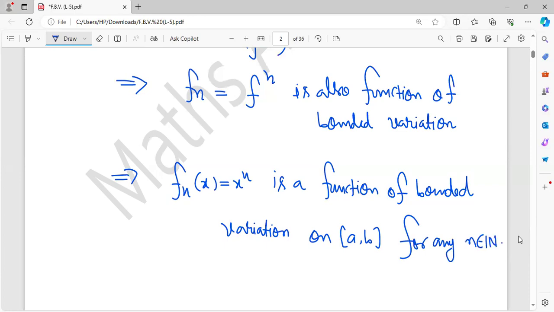You take any n belonging to N, x to the power n is a function of bounded variation.